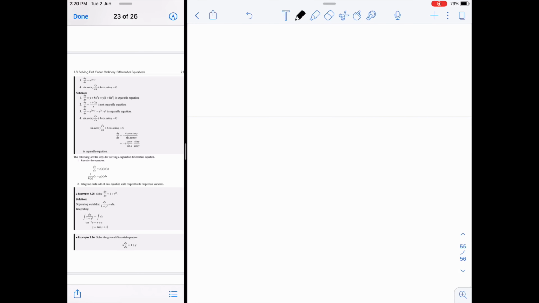Once again, I would like to advise you to understand how to integrate single terms, and also the methods of integration, because you might face equations that need integration by parts, tabular methods, or even substitutions.